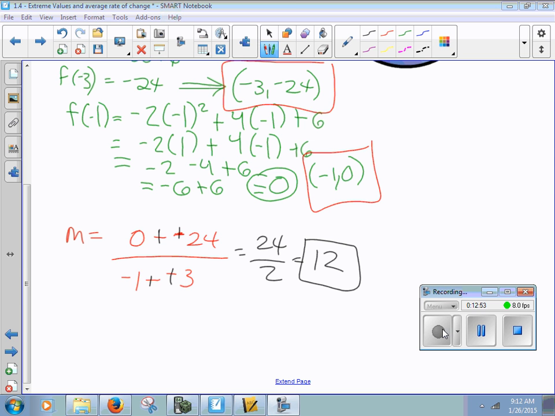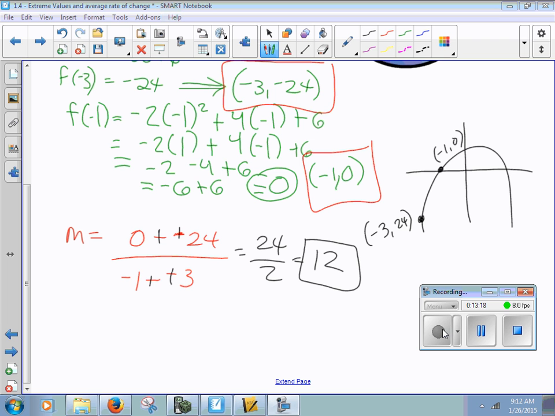Hands up. All right, now let's think about this. What am I thinking about? I'm thinking about my parabola. That looks something like this, right? My first point was negative 3, negative 24. There it is. Clearly, that is the point negative 3, negative 24, right? Then there's negative 1, 0. Totally looks like that point.